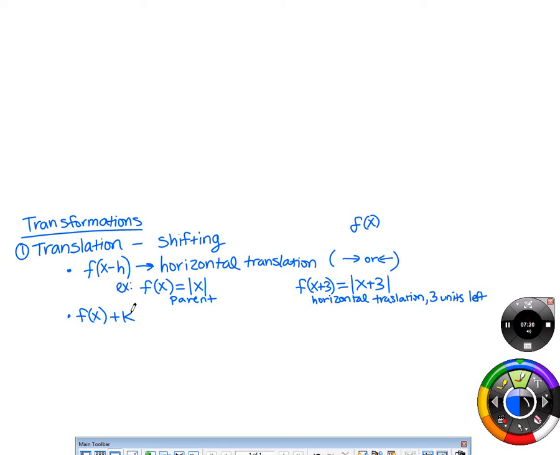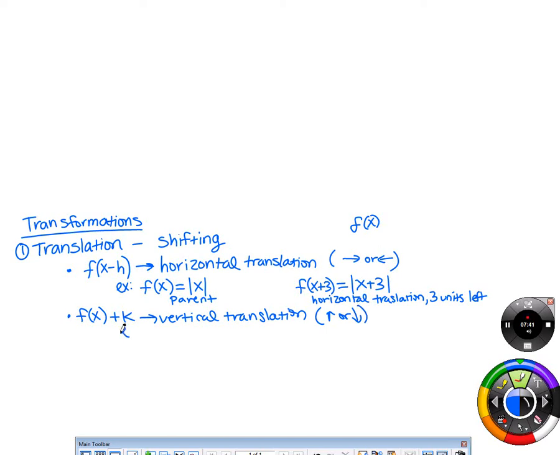Inside the function is a horizontal translation. If it's happening after the important part of the function, it's a vertical translation. Okay? So this is a vertical translation. So moving something up or down on the graph.